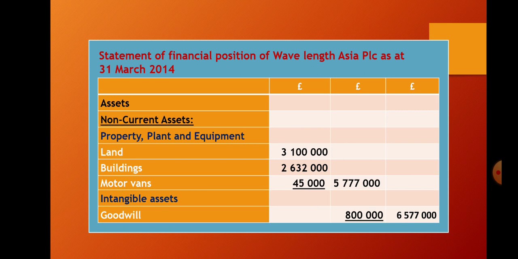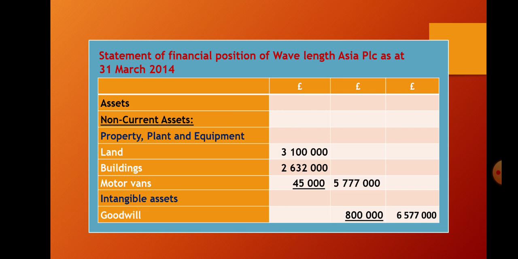But we have property, plant and equipment where we show the tangible assets like land, which is 3,100,000. That is at cost because land is not to be depreciated. Then buildings, we have taken the depreciated value or carry over value, which is 2,632,000.